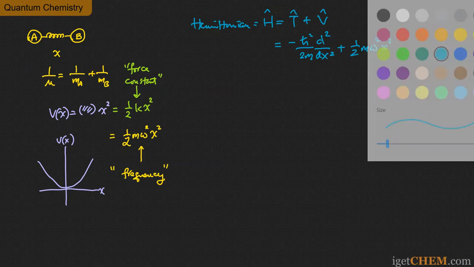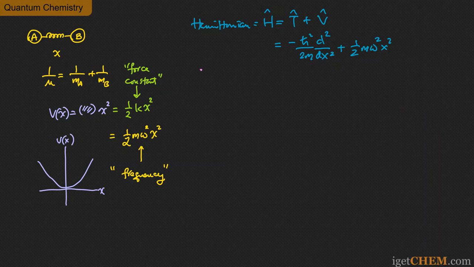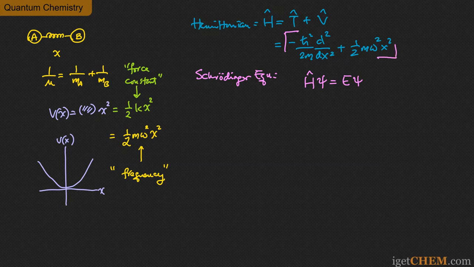So the eigenfunction, eigenvalue problem that we have to solve is the Schrodinger equation. And the Schrodinger equation basically asks us to find the solution of this eigenfunction, eigenvalue problem, where H is defined by this operator right there.